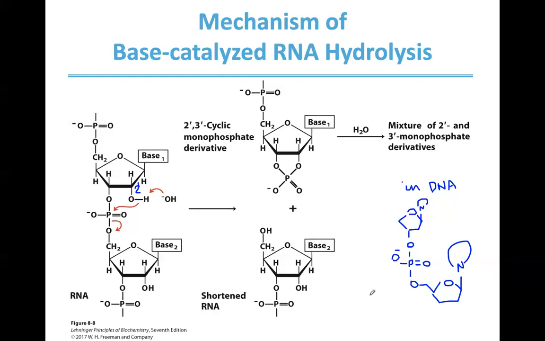So in DNA, this hydroxide would have to attack the phosphorus, right? So this will be an intermolecular reaction, intermolecular hydrolysis.